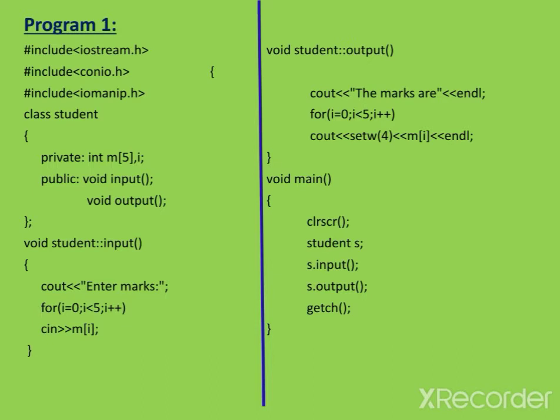Here more number of similar data elements means, for example, a group of 100 data members and more. Therefore, an array can handle the homogeneous data elements effectively by storing them in continuous memory locations.